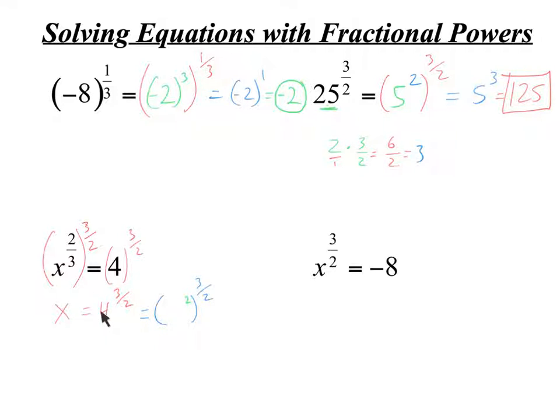I need to change that inside. 2. Isn't that a 2 here? Doesn't 2 squared equal 4? Won't the 2's cancel, leaving me 2 to the third? So it's 2 to the third. And what is 2 to the third? 8.